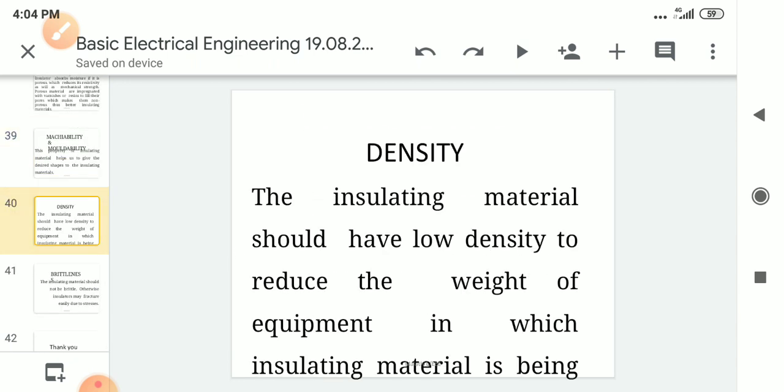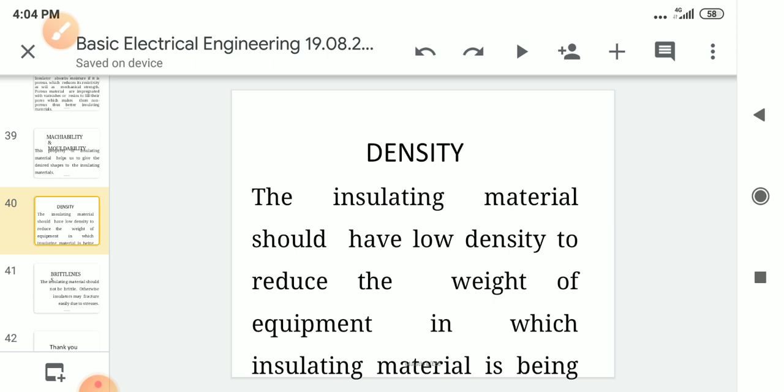After that, density. The insulation material should have low density. Then only it reduces the weight of the equipment. Otherwise, the equipment weight will be more, for example, in overhead transmission and distribution systems. If the weight of that equipment due to this insulation is more, then what will happen? It is always hanging in air, right?